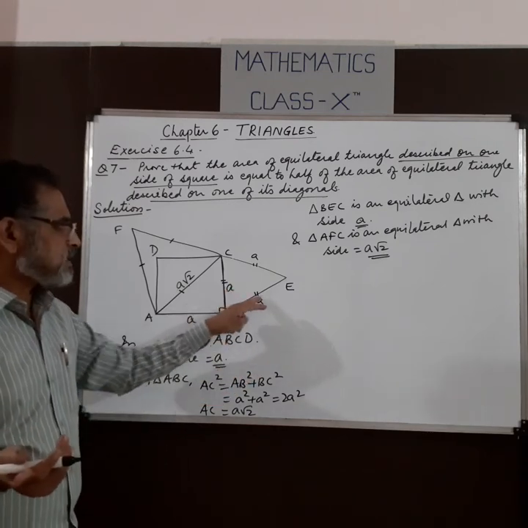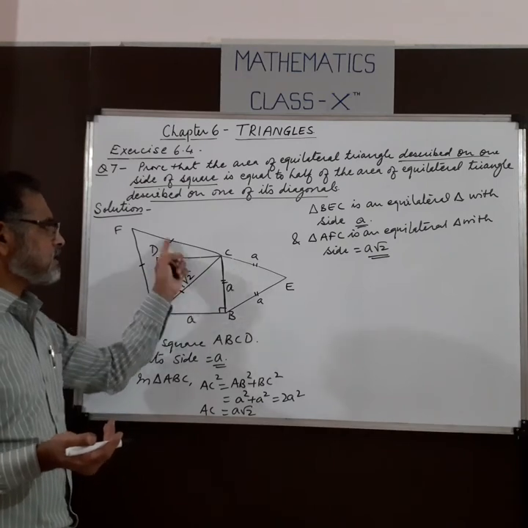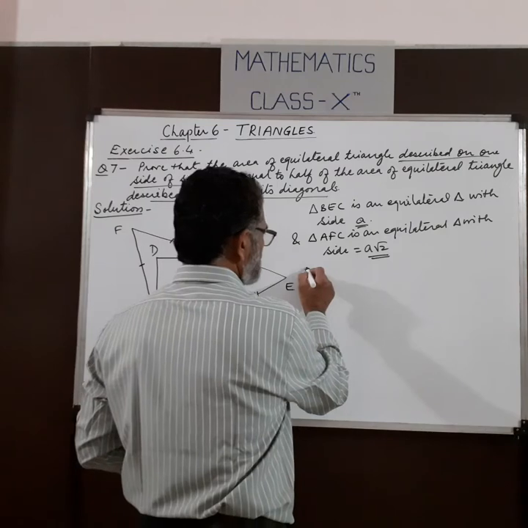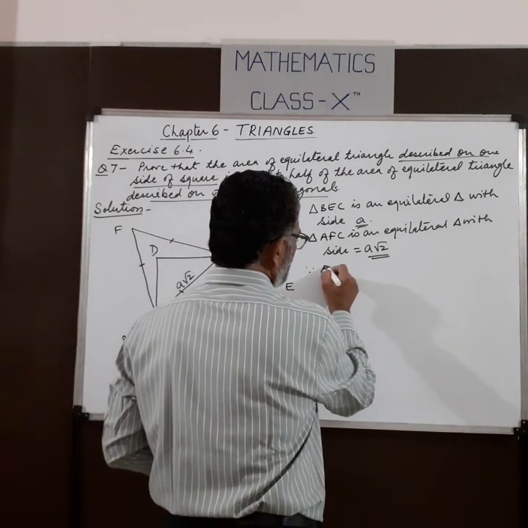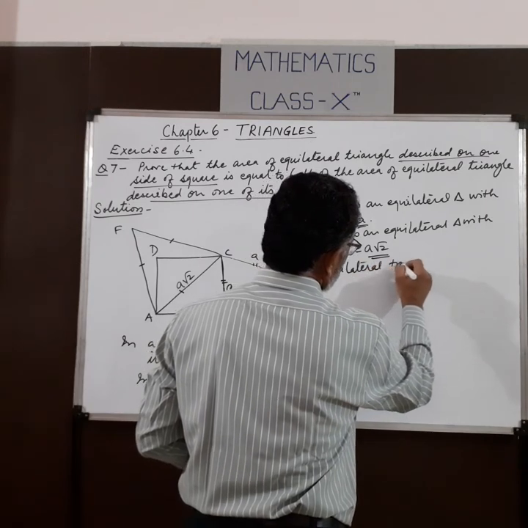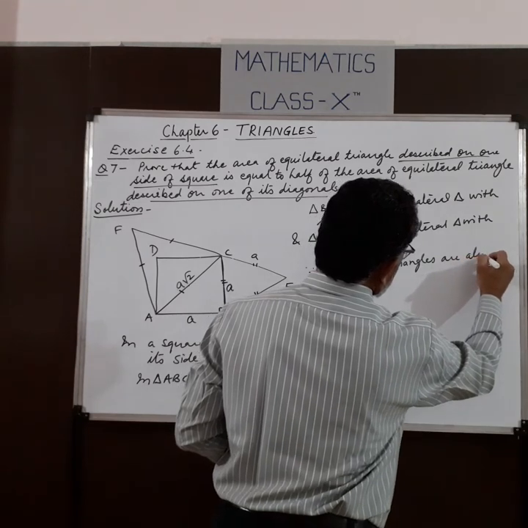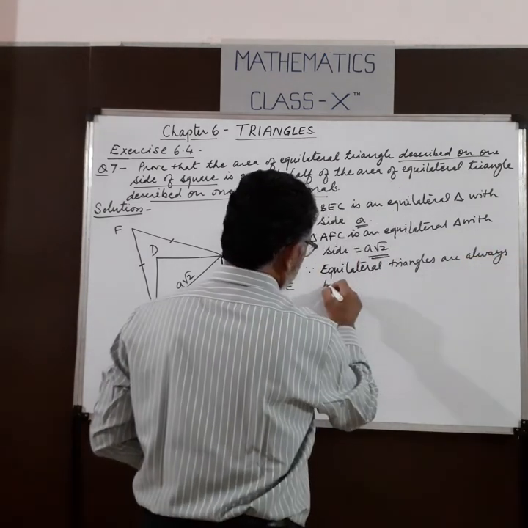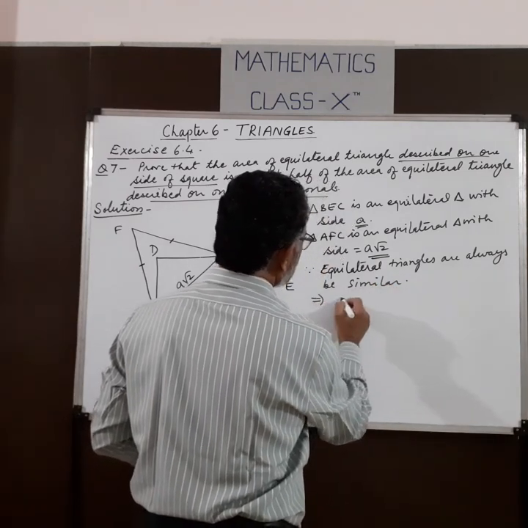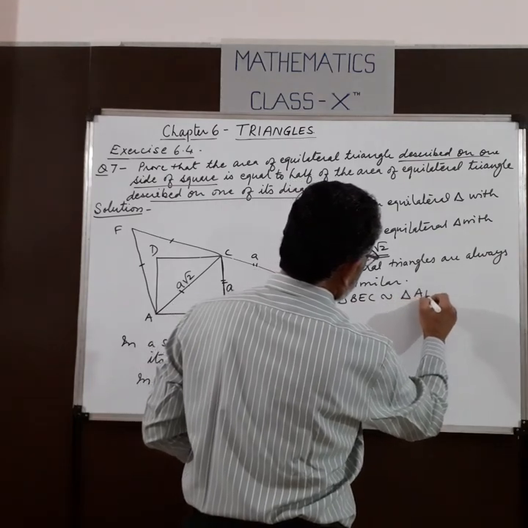Because all these sides are equal, and these are also all equal, their ratio will be the same for each pair. So equilateral triangles are always similar. So this implies that triangle BEC will be similar to triangle AFC.